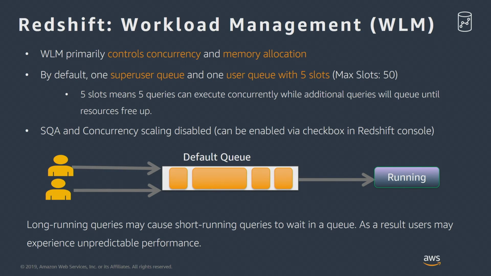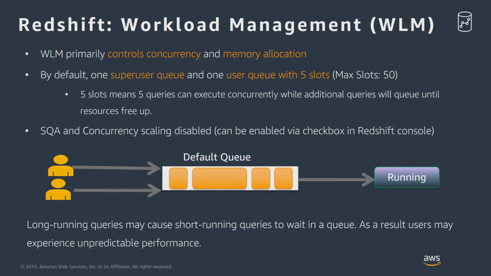Now let's talk about the 4th component, which is WLM. Amazon Redshift provides a sophisticated tool to handle your workload, which is also known as WLM. Through the WLM, primarily you control the concurrency and the memory allocation. Whenever you create a Redshift cluster, the default parameter group WLM queue will come, which will have one superuser queue and one user queue with 5 slots.